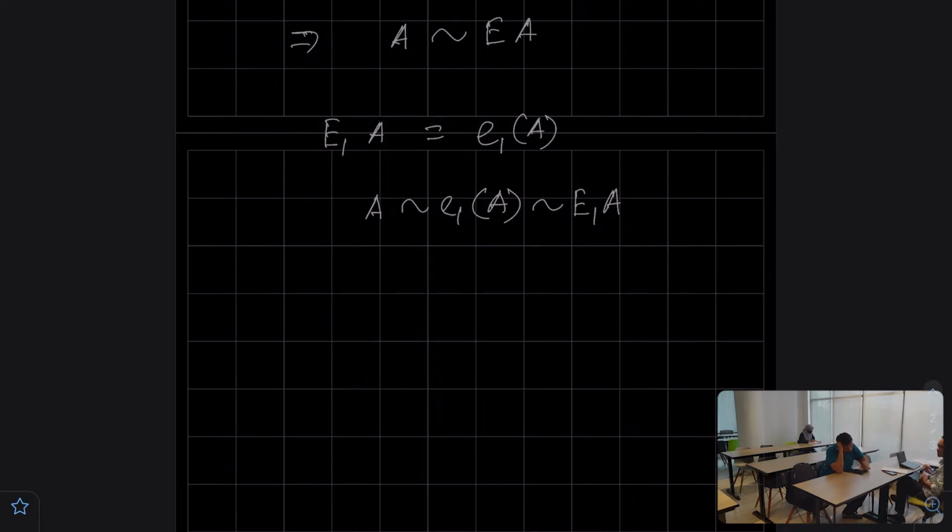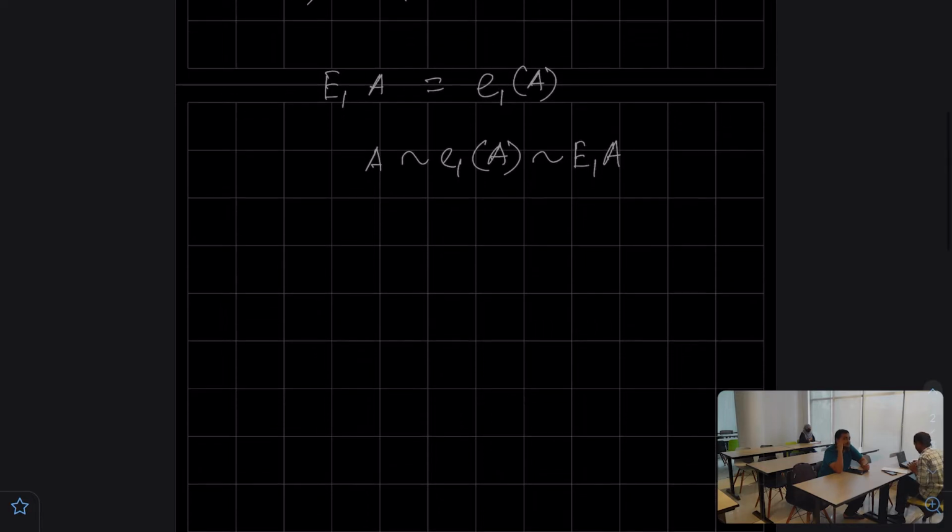Because E1 is an elementary matrix and A is a matrix, these two are actually multiplied as a matrix product. This equals E1A, and we know that E1 of A is equivalent to the matrix A. That means A is also equivalent to E1A, right?